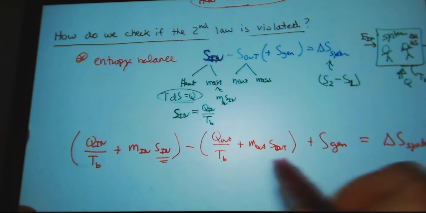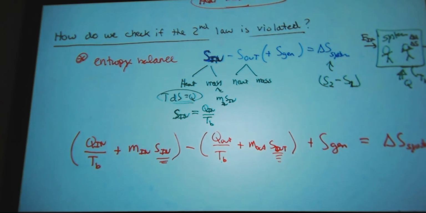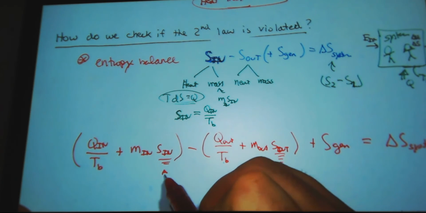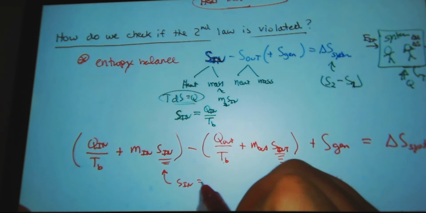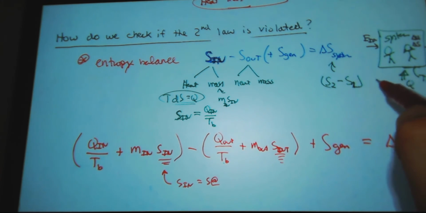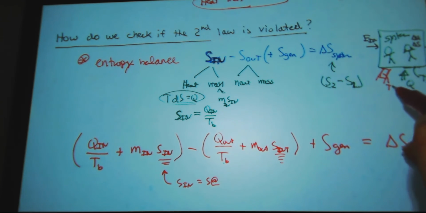Now, if you recall, what have I focused on when I talk about a property? So how do I define this? S in equals S at what? At the temperature and pressure of the input. So if I have some mass coming in here, there is a control volume, and it has a temperature and pressure.